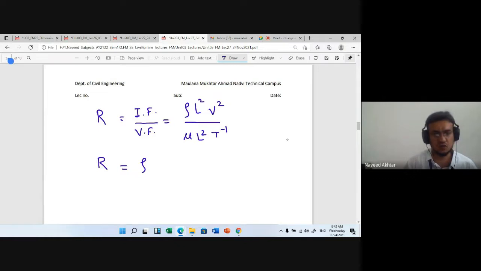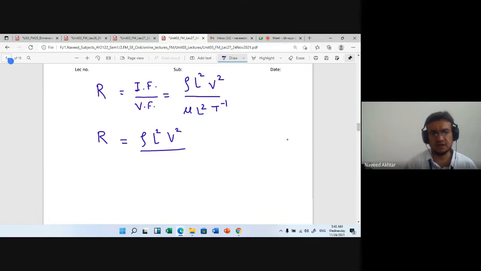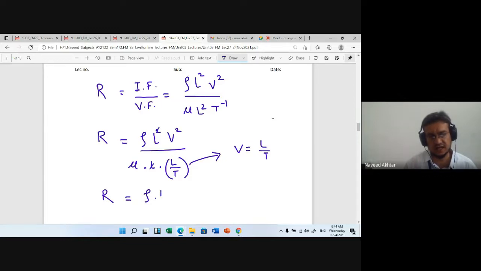If you divide and multiply, you get mu into L into L by T, and V is nothing but L upon T. So in R, this L and this L will be cancelled, and this V and this V will be cancelled. Rho L V upon mu.